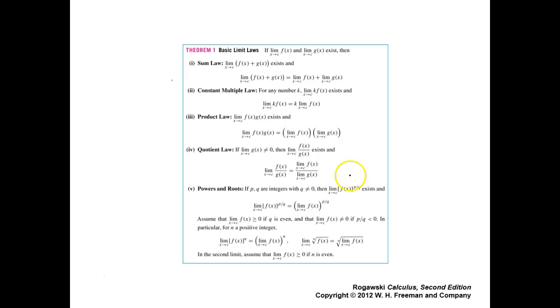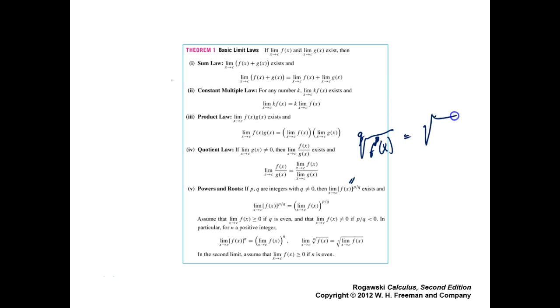What this means is the qth root of f of x to the pth power. Now you can either do it that way, or you can do it this way.